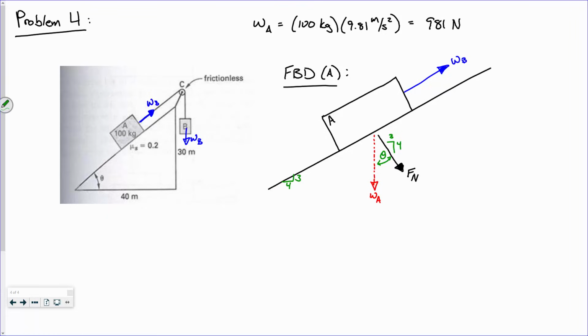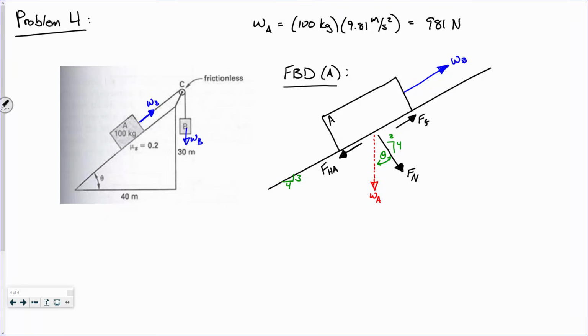Okay. Now, we're going to have two more forces acting on this. The first is this force right here, which I'm going to call the horizontal force at A, and then I'm going to call this the frictional force.